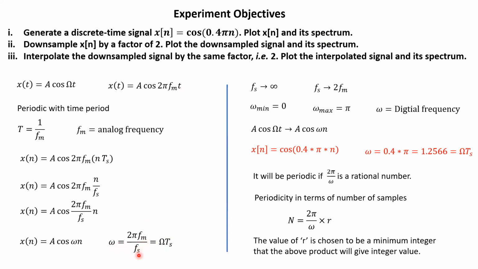Normally we know that if we sample any continuous time signal, and from its sampled version we wish to get back the original continuous time signal, then it is required that the sampling frequency should be greater than or equal to 2 fm. It cannot be less than 2 fm.